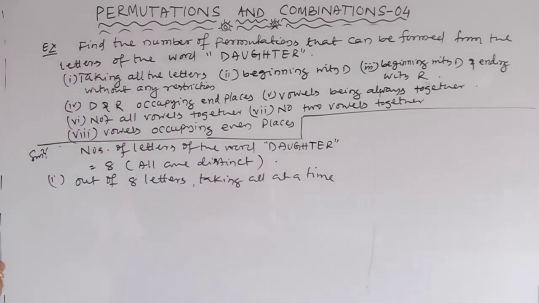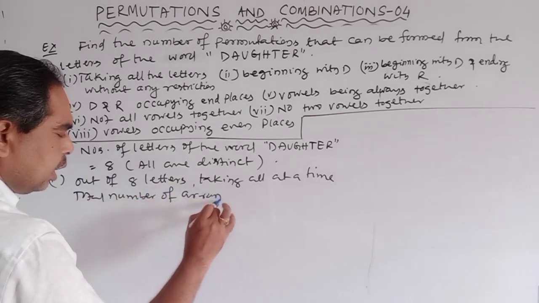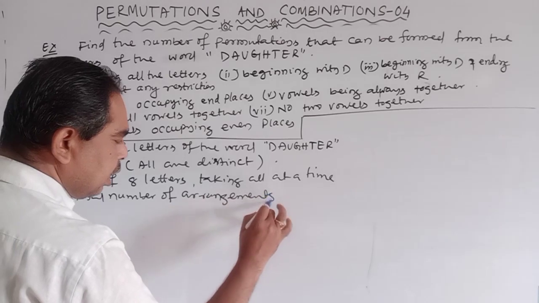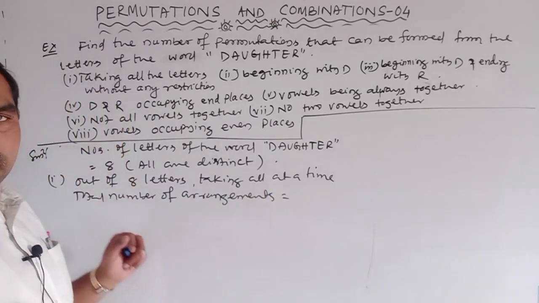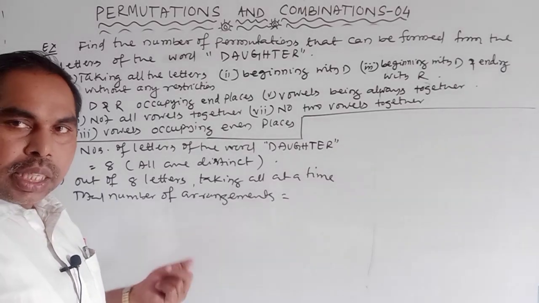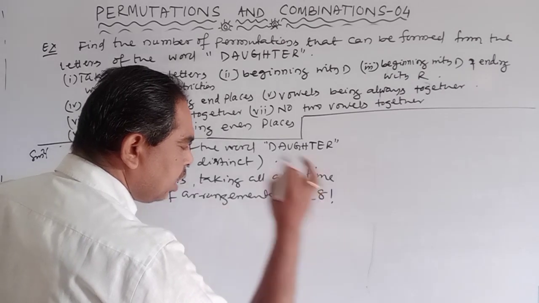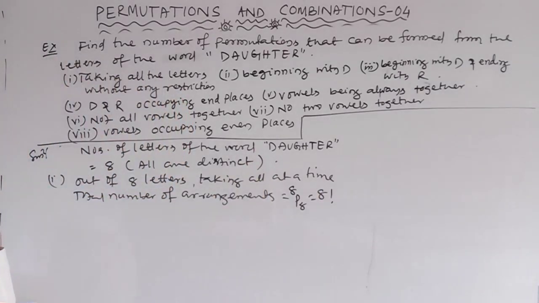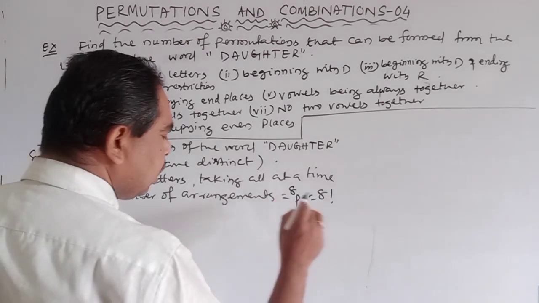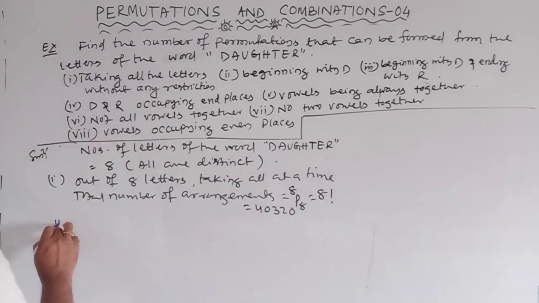Total number of arrangements means 8P8. Out of 8 letters means n is 8, taking all at a time means r is also 8. So 8P8 is equal to 8 factorial, which is 40320. So this is equal to 40320.